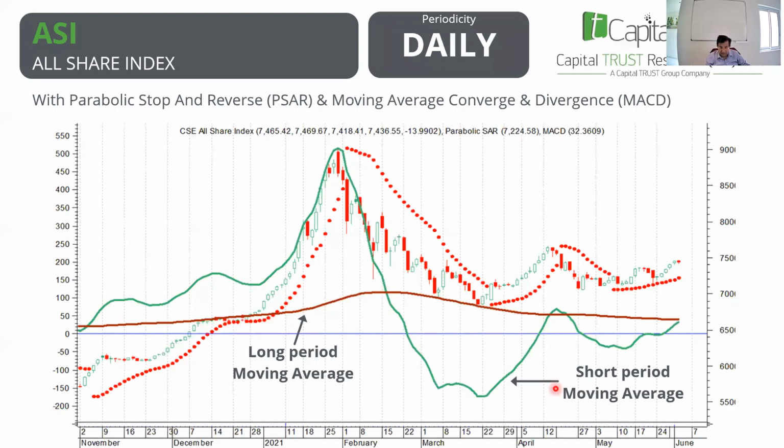This is the short period moving average, which we call the MACD line, and the usual advice is buy it when it cuts, like here. Say it cuts up here. You never go wrong buying at this point and cozily selling at this point. You would have made billions if you had invested sufficient amount of money.